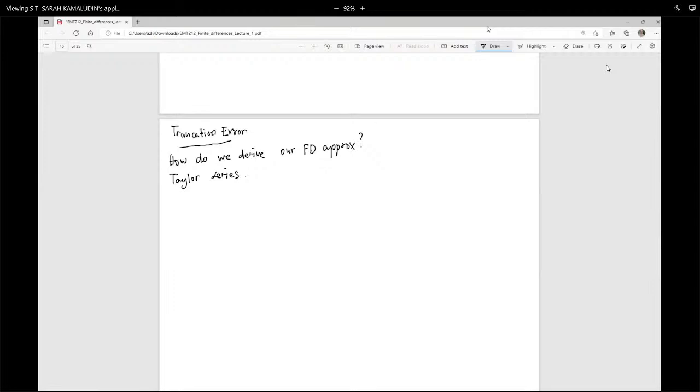Say for this function, f(x plus delta x) is equal to f(x) plus delta x f prime plus and so on, right? This is the Taylor series.